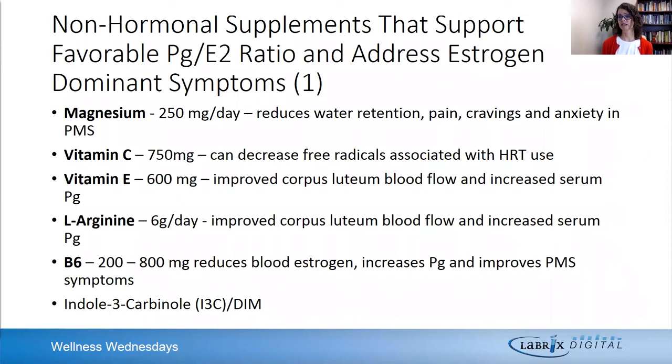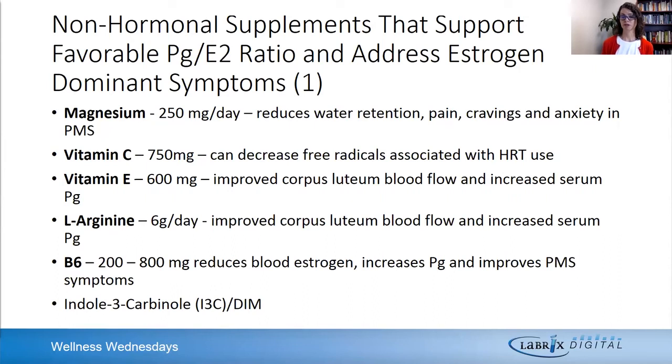Vitamin C can decrease the free radicals associated with HRT use. Vitamin E improves corpus luteum blood flow and increases serum progesterone. L-arginine also improves corpus luteum blood flow and increases serum progesterone. B6 will help reduce estrogen, increase progesterone, and improve PMS symptoms overall.